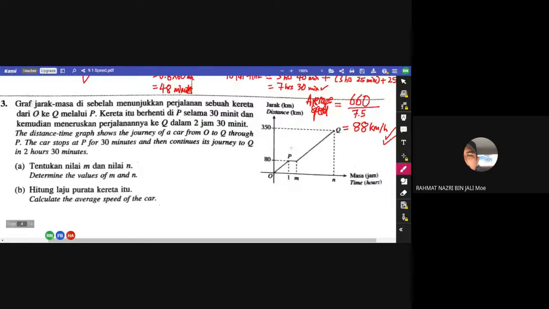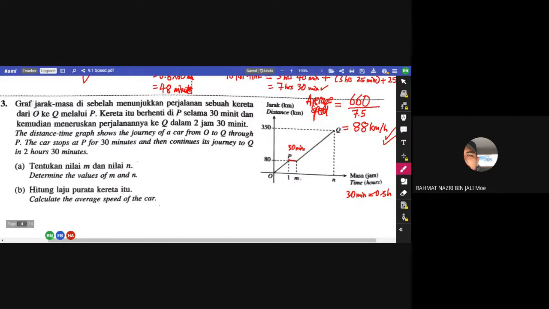So the horizontal graph here is 30 minutes. 30 minutes in hour is equal to 0.5 hours.